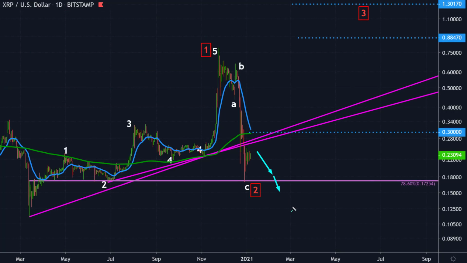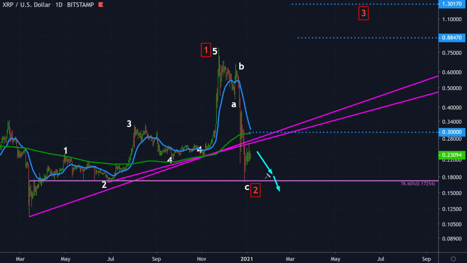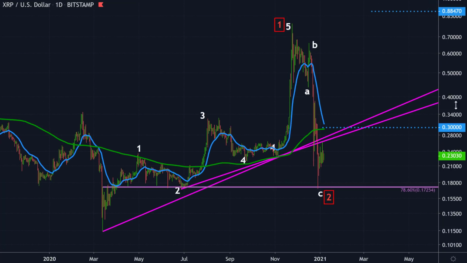Even though I'm not expecting this bearish scenario, which I think has a slightly lower probability, if XRP does break below 0.17 and continues to stay below 0.17 and follow through below 0.15, then no. That would likely mean we're going to the lows of March, and I can no longer maintain a bullish perspective on XRP. So I'm hoping that's very clear.